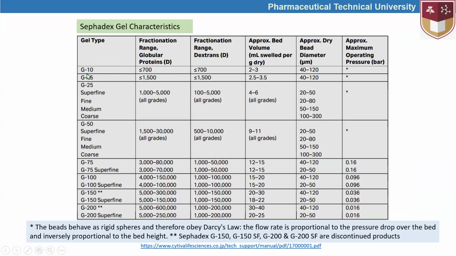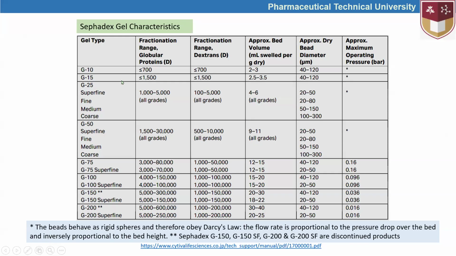They are marked as G10, G15, up to G200 or G200 superfine. G150 and G200 were discontinued, I think, they were discontinued products.